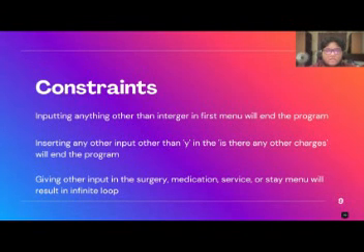So you need to run the program again after that. And for the second one, if the user inputs any other letter than Y when the program asks if there are any other charges, it will also end the program. And for the last one, giving other input in the surgery, medication, service, or stay menu will result in an infinite loop.